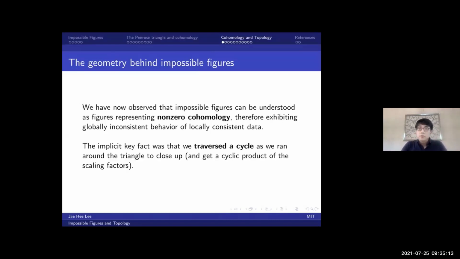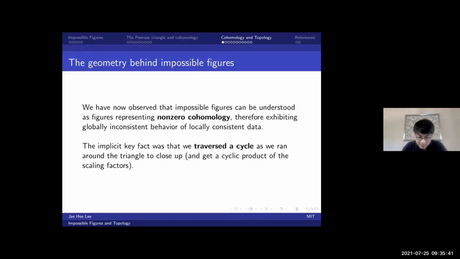And the implicit fact that I was using in the very last step is that we ran around this full circle. We traversed the cycle in our image so that the cycle is closed up. And we used that cyclic structure to consider the cyclic product of scaling factors.